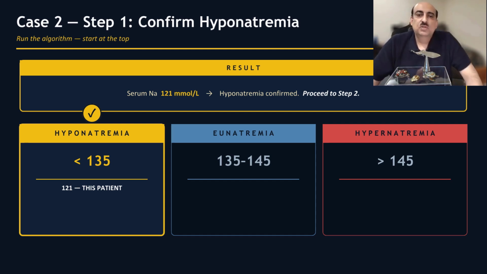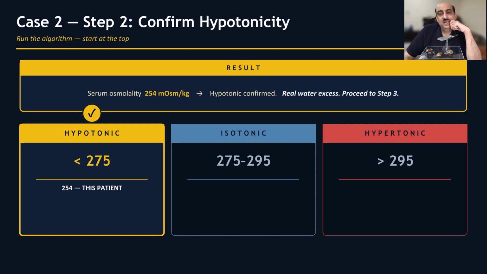Okay, so remember we had the 4-step approach. Step number 1, confirm hyponatremia. In this situation, there is no doubt: sodium is 121, below 135, so that confirms. Then step number 2, confirmation of the tonicity, hypotonicity in this case. The serum osmolality came back at 254 milliosmoles, less than 275, so it confirms hypotonicity, which means there is a reduction of both water and sodium, but more so in terms of sodium loss, so the water content is more than sodium.